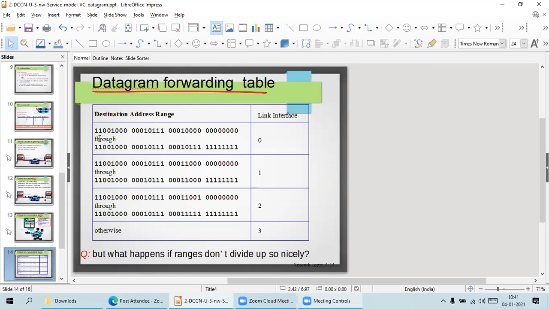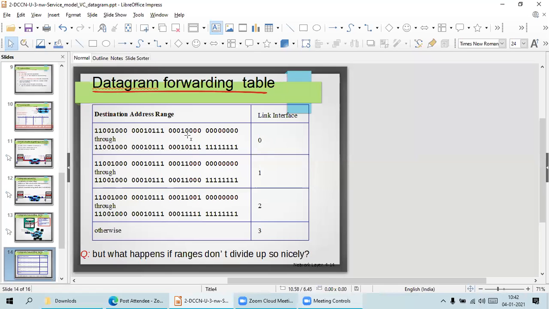These are the first octet, second octet, third octet, fourth octet. From all zeros up to this range, you pass through link interface 0.